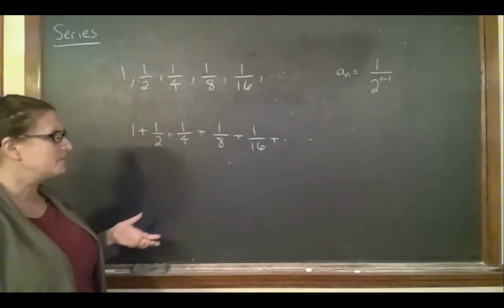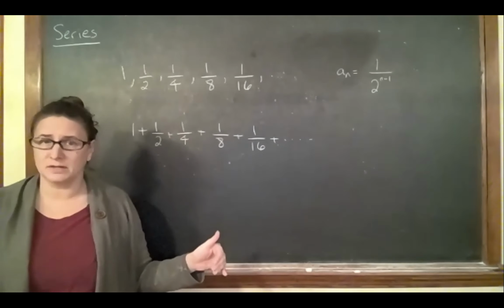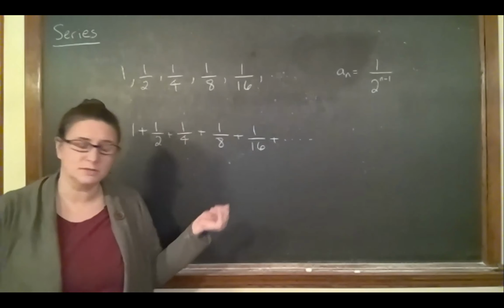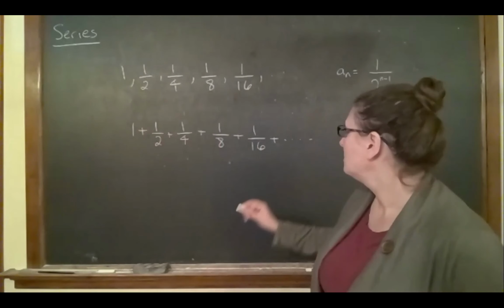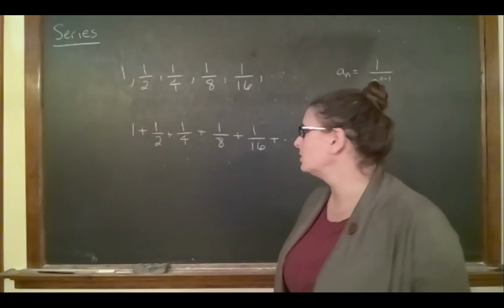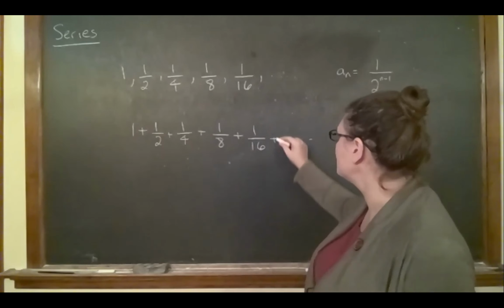Now, the problem is you're adding up an infinite number of positive numbers. So you might think, well, that seems like you would always be going off to infinity because you're adding up an infinite number of numbers.